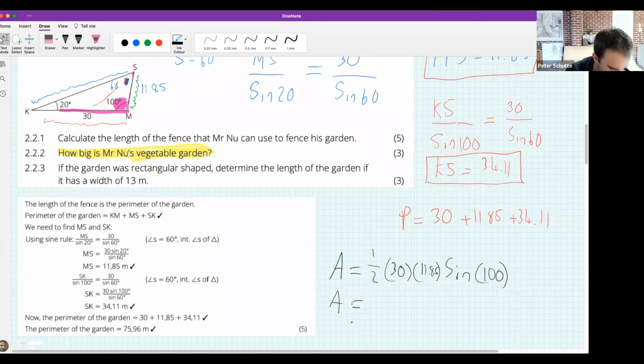I'll put it in my calculator, just do it old school here. Times sine of 100. Yeah, so we're going to get 175.05, and the units are going to be, what do they say? It's meters, so it's going to be meters squared.